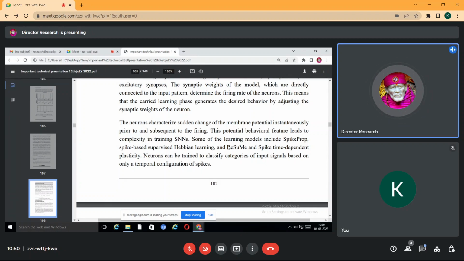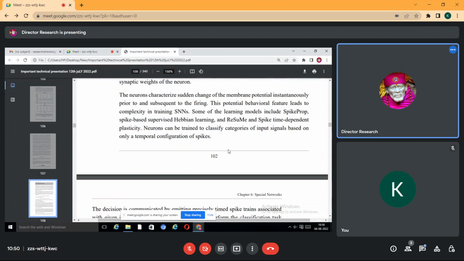Some of the learning models: spike-based supervised learning model, spike-time-dependent plasticity. Neurons can be trained to classify categories of input signals based only on the temporal configuration of spikes.